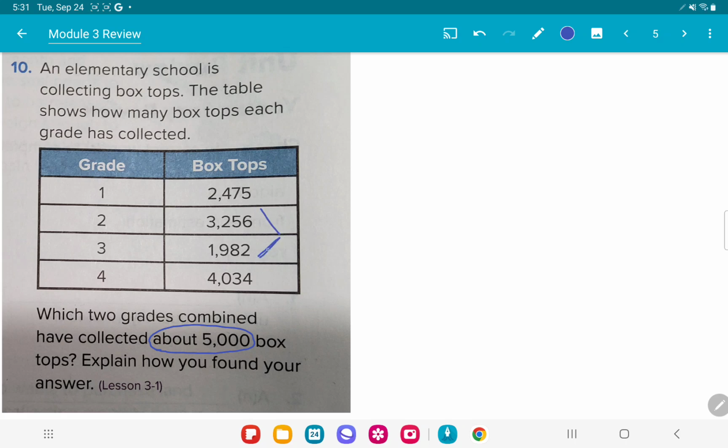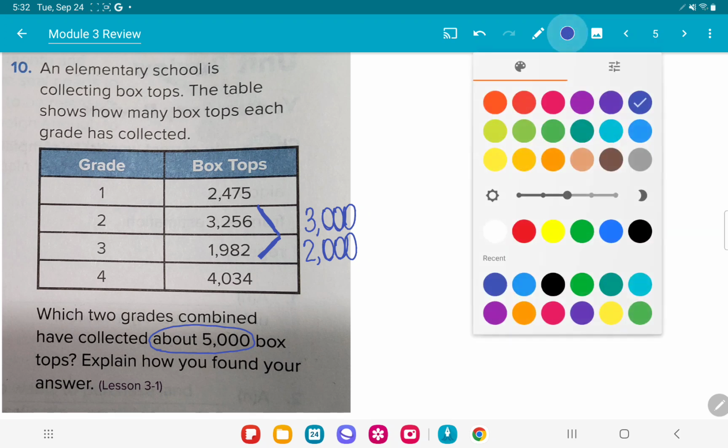A little bit of number sense. I can see by looking at these numbers, this is about 3,000. Third grade collected about 2,000. And I know that 3,000 and 2,000 together make 5,000. So I would say just by looking quickly that we can see second and third grade together collected about 5,000 box tops.